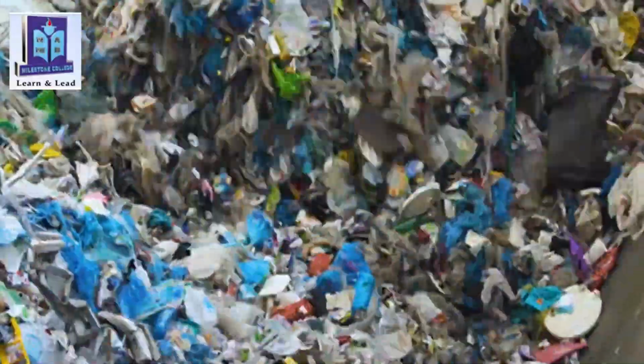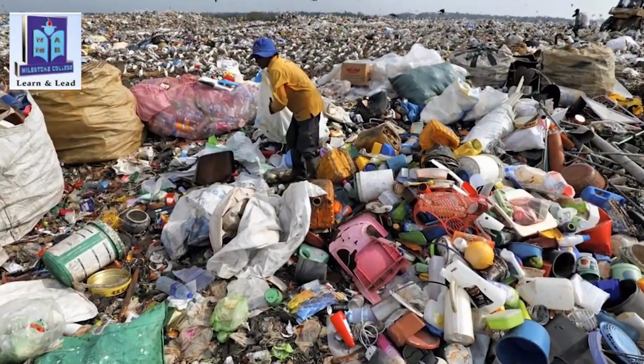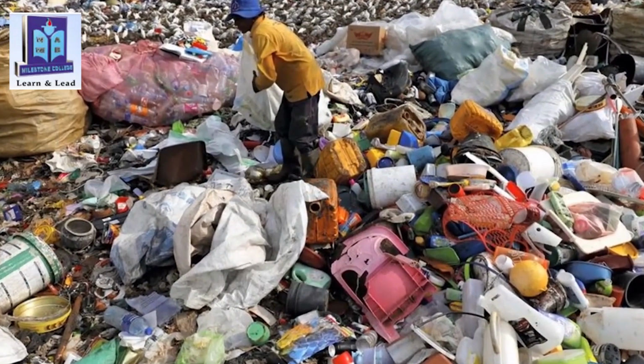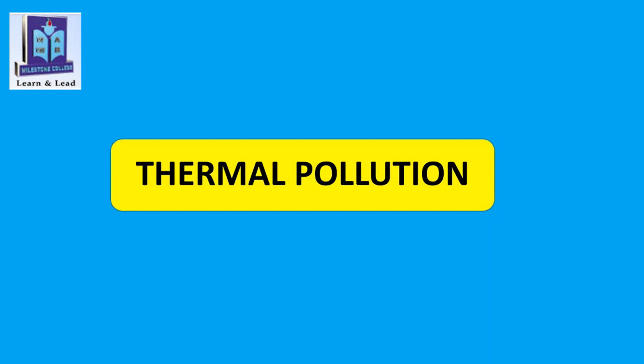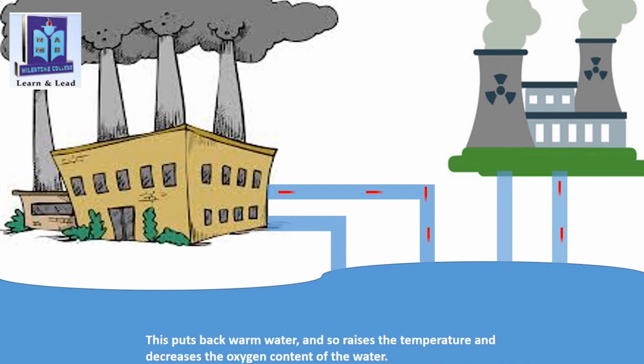Plastic pollution is the accumulation of plastic products in the environment, which adversely affects animals and human. Thermal pollution. A common cause of thermal pollution is the use of water from rivers, or any water bodies, as a coolant, by power plants and industrial manufacturers. Then they put back warm water into the river, and so raises the temperature, and decreases the oxygen content of the water.